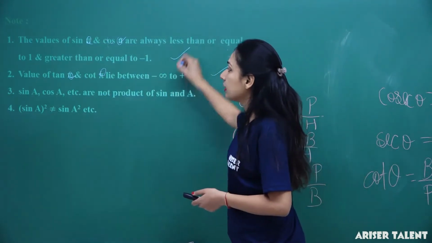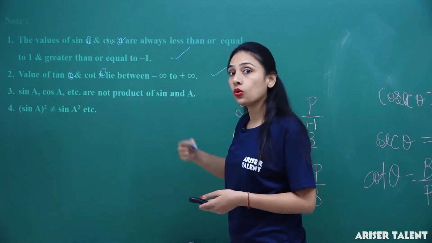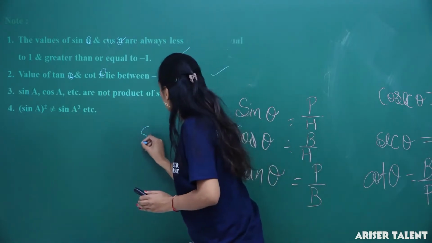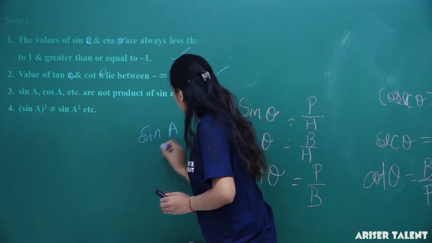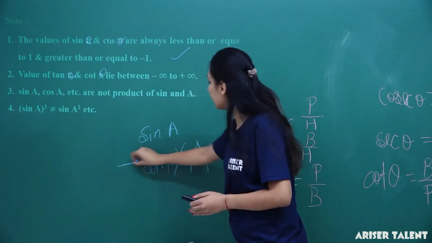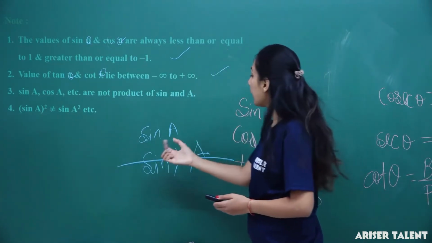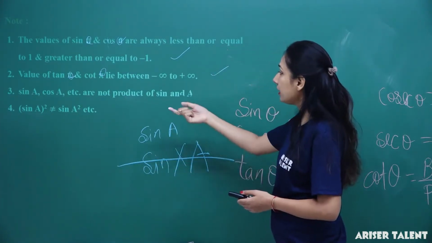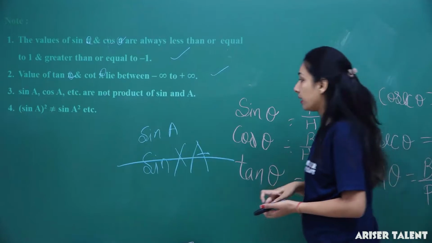Second point. The third one is sin A, cos A. These are not multiplications. If you write sin A, this does not mean that we are multiplying sin by A. No, it is not like that. Sin is a complete term.